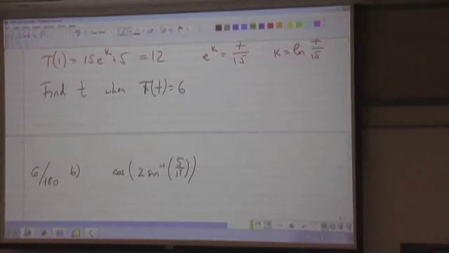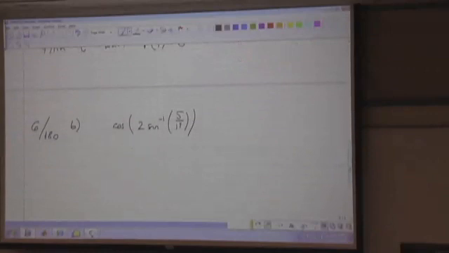Obviously, you can probably put it in a calculator and come up with some sort of value, but how should we approach it? Well, with all of these types of problems, the way we approached things is we let theta be sine inverse of 5/13.